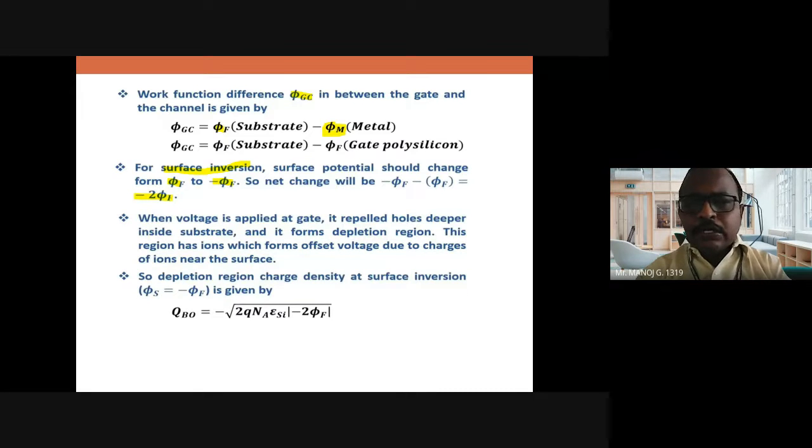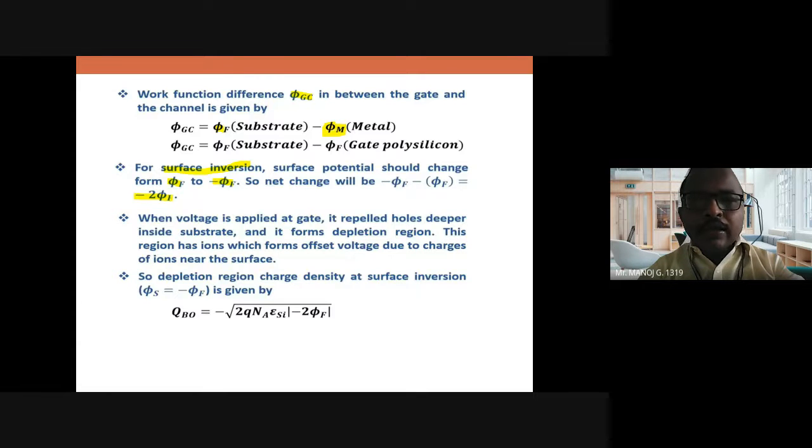The third parameter is the voltage that is applied at the gate terminal. When you apply a voltage at the gate terminal, what happens? The charges start building. You're applying a positive voltage, which is a positive charge, nothing but holes. The holes are going to come inside the gate region.